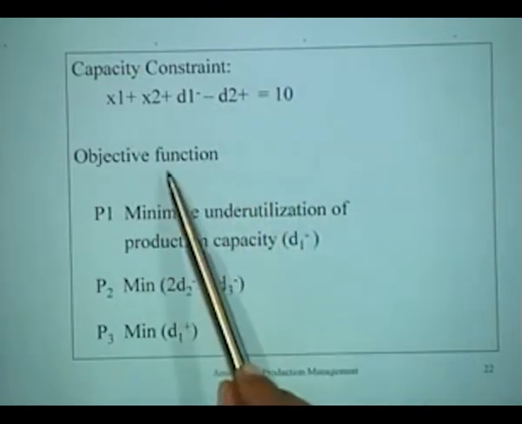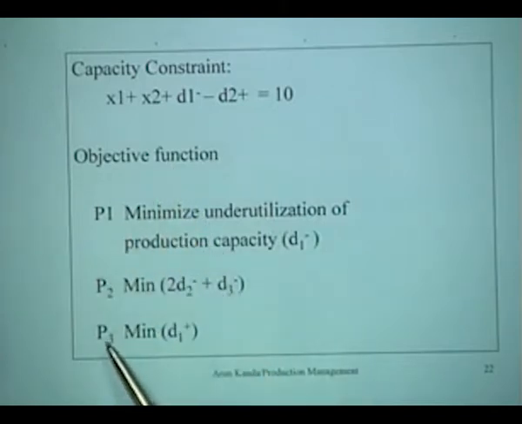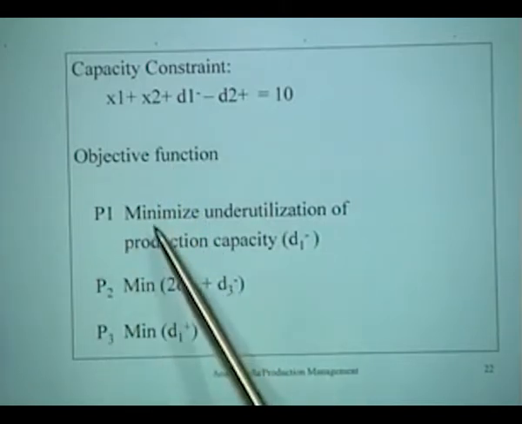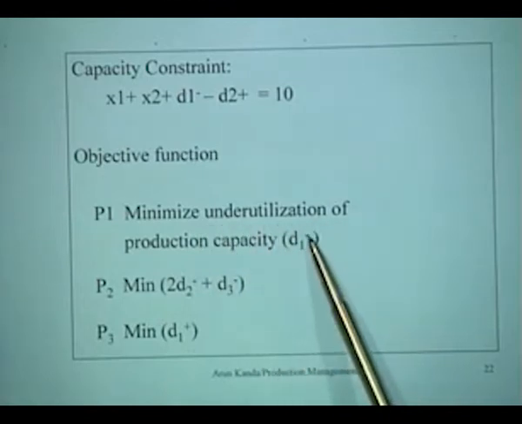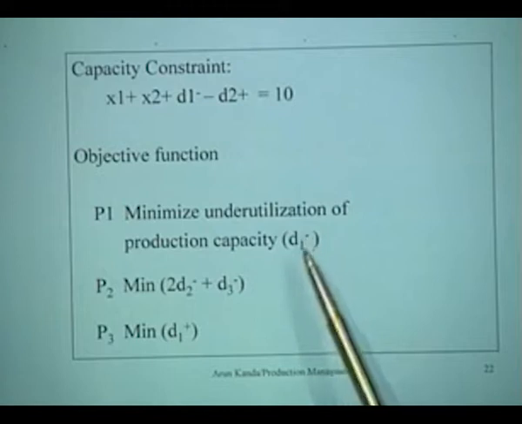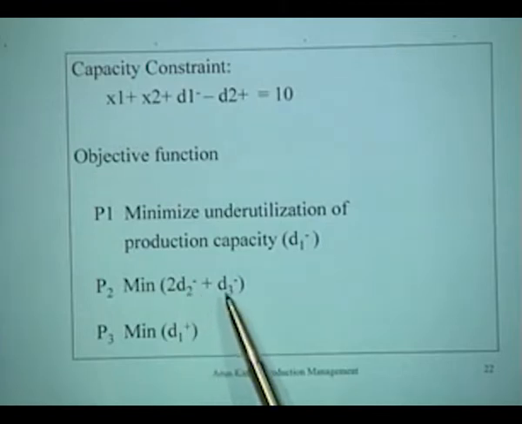And then of course, the objective function now would have 3 priorities based on the priorities that we had. Minimize the underutilization of the production capacity, which is D1 minus production capacity. This was 2 times the deviation, because the profits from the desks and tables were different in the ratio of 2:1.